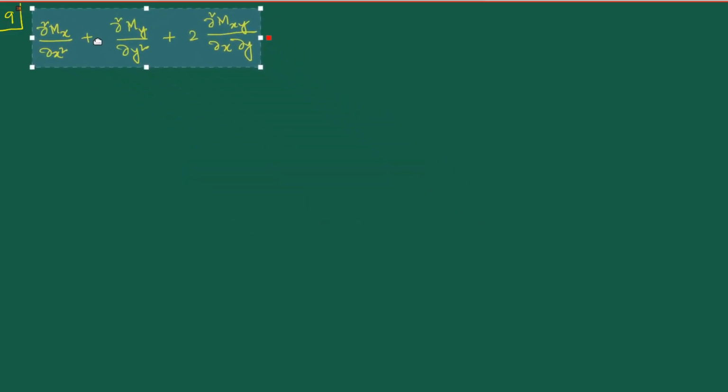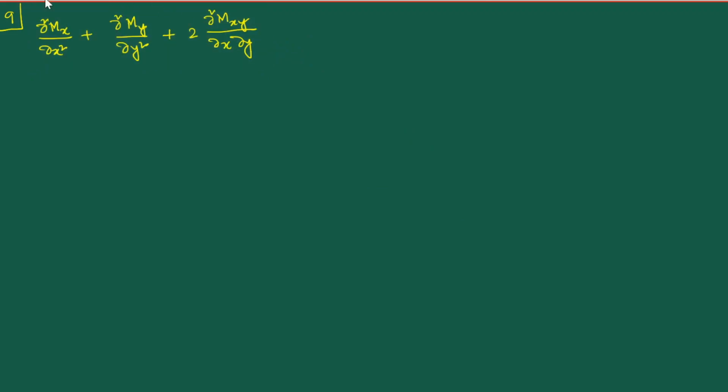Okay, I wish to obtain the expression for this particular combination in terms of the W. So this is del square del x square. This is minus E h cube by 12 into 1 minus nu square, and then del square W del x square plus nu del square W del y square.